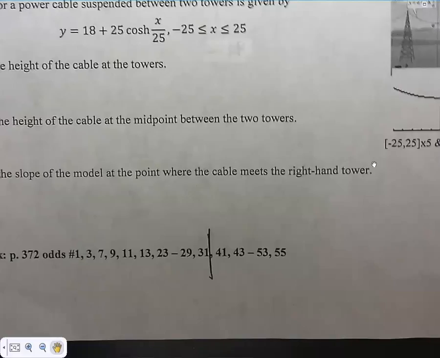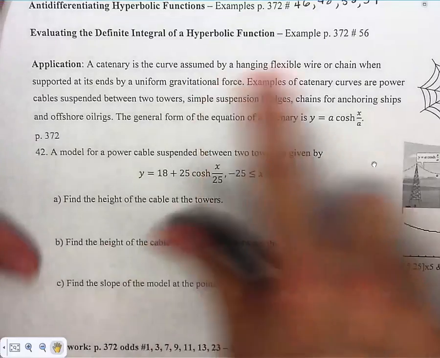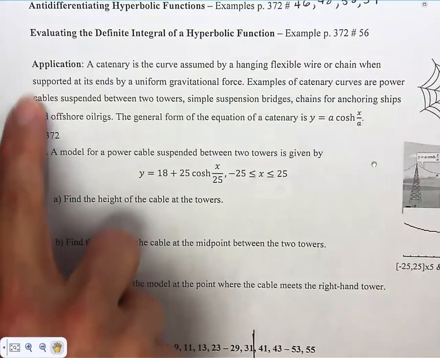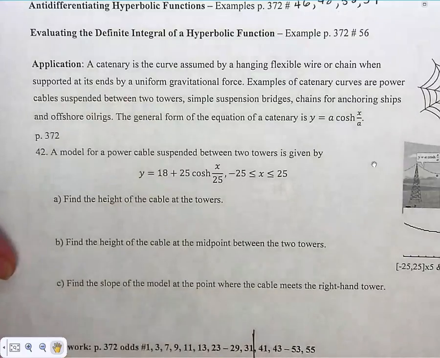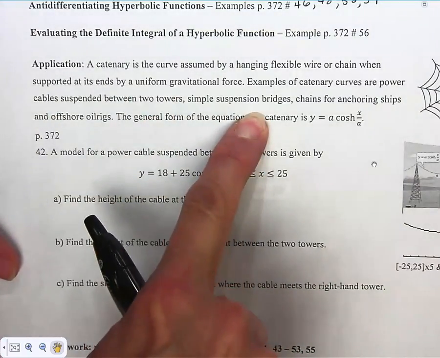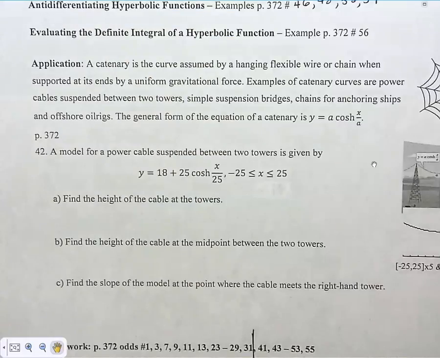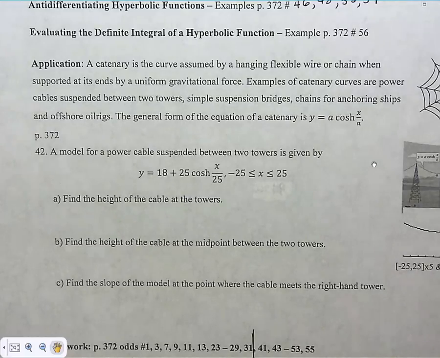A catenary is a curve assumed by a hanging flexible wire or chain when supported at its ends by a uniform gravitational force. Examples of catenary curves are power cables suspended between 2 towers, simple suspension bridges, chains for anchoring ships. That makes sense. If you have a chain attached to the ship and a chain attached to the, I forgot the word, anchor.